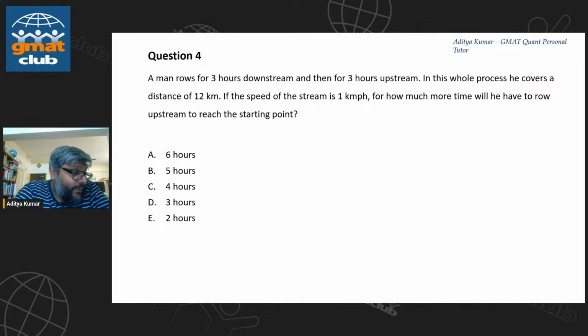It's similar with what you do on time and work. When you work with time and work, right? When we form the table, the RTW table, you always try to use the rate and the work, right? And you create your algebraic equations around it. You don't work with the time there because think about it, right? If you're taking 1 hour to do a piece of work, and somebody else is taking 2 hours, together you will not take 3 hours, correct?